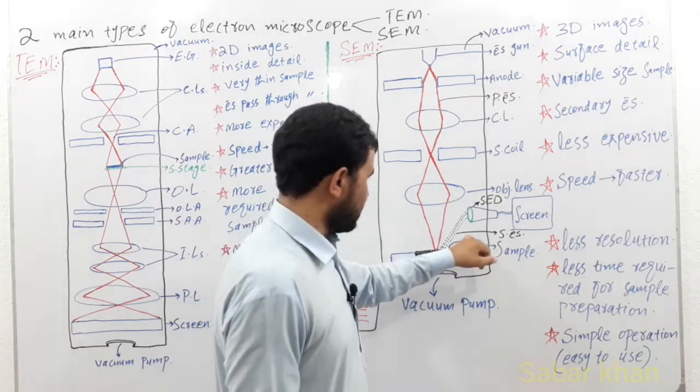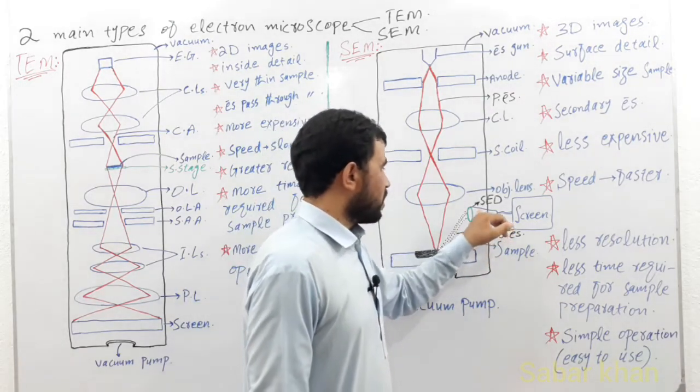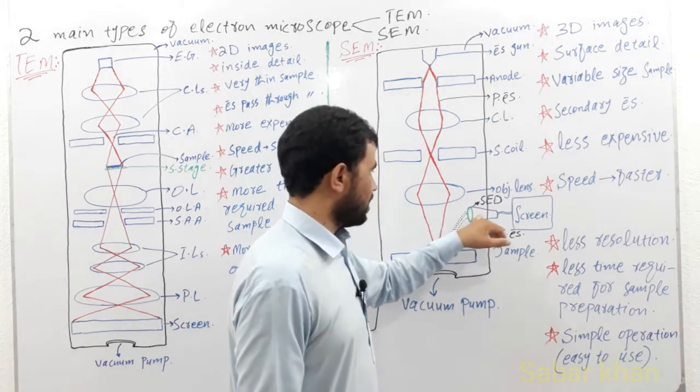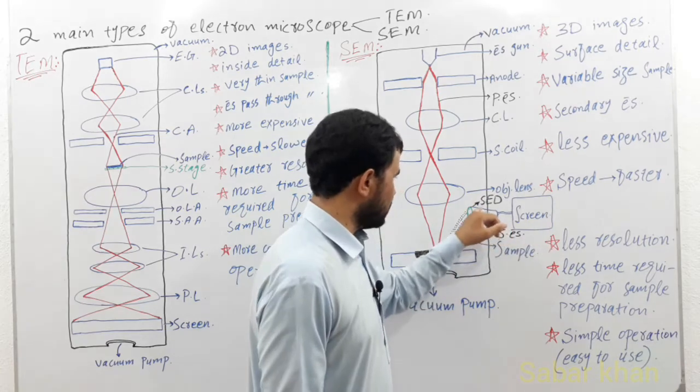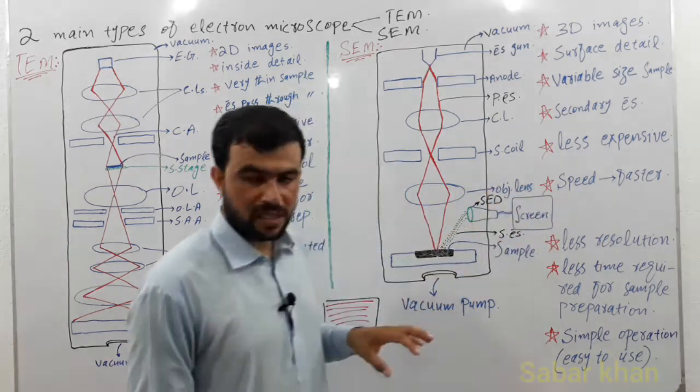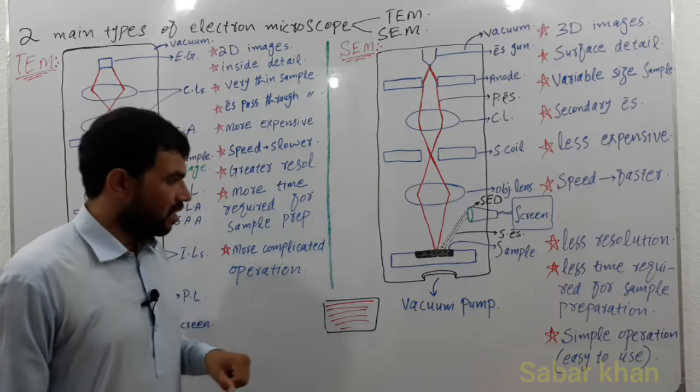These secondary electrons are detected by a secondary electron detector, and an image is formed according to the secondary electron detector on the screen, and we can see the image on the screen.